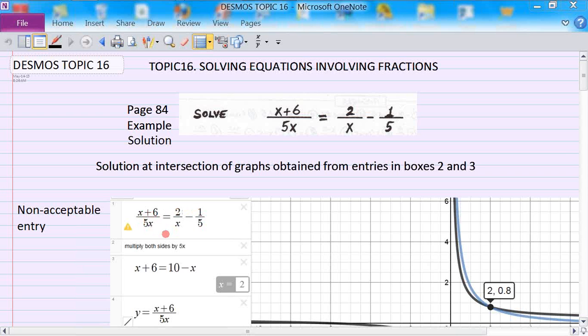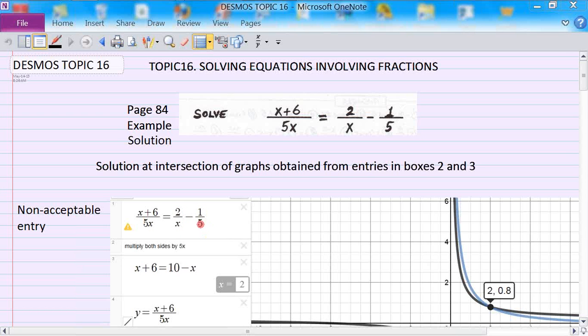So what I've done is multiply both sides of this equation by 5x, which means essentially multiplying each term by 5x. If I multiply this by 5x, I get x plus 6, because the 5x will cancel the top and bottom. I multiply this by 5x, I'll get 10x over x, which I can reduce to 10.